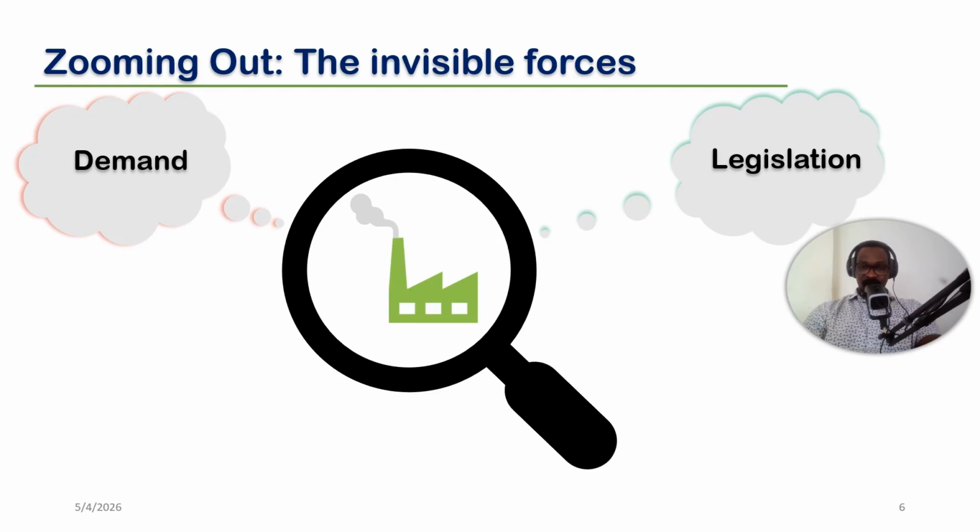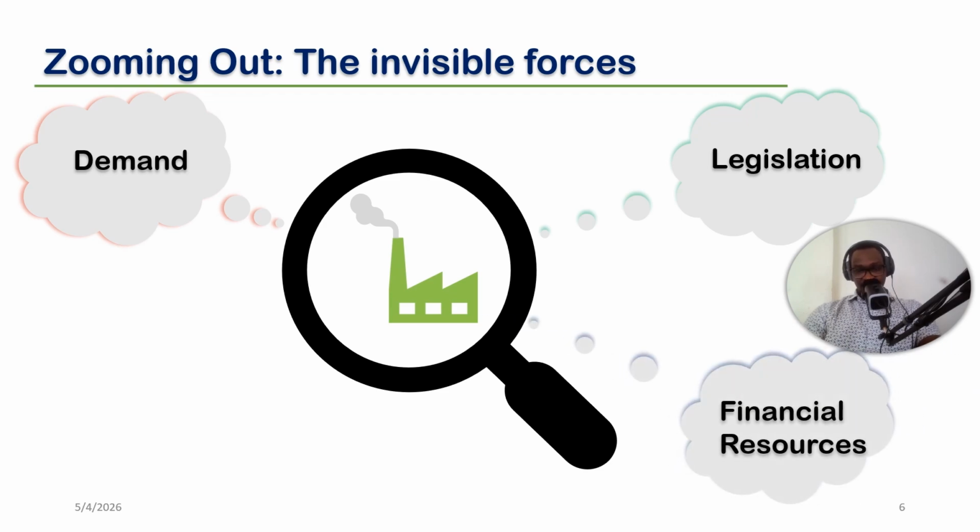The other has to do with the existing legislation. Here we're looking at laws and policies governing disposal and emptying of these systems. The other has to do with financial resources. Yes, you need to finance expansions and also service delivery programs and purchase of pull trucks so that you can have wider coverage of these areas, which is very important.